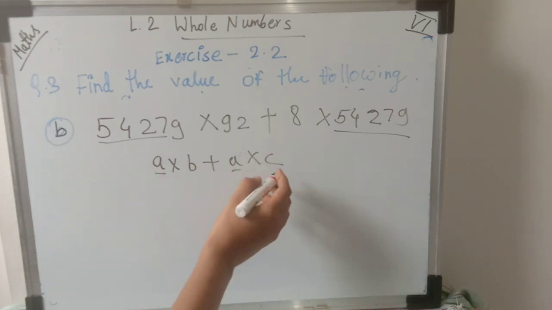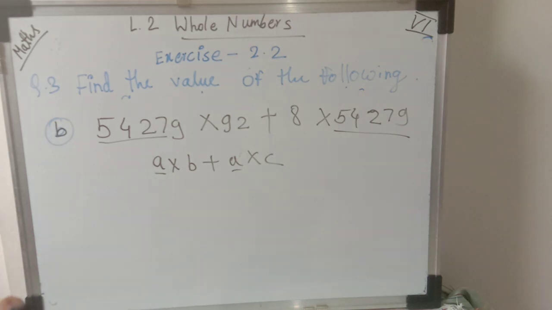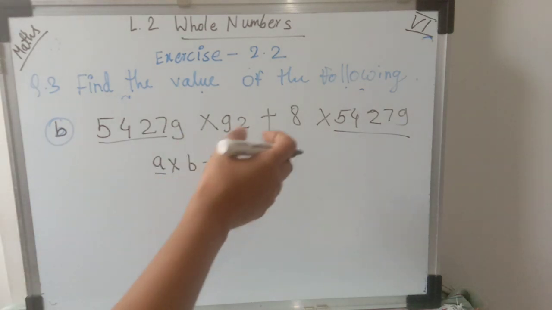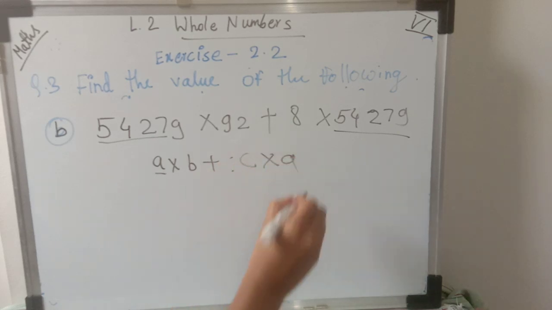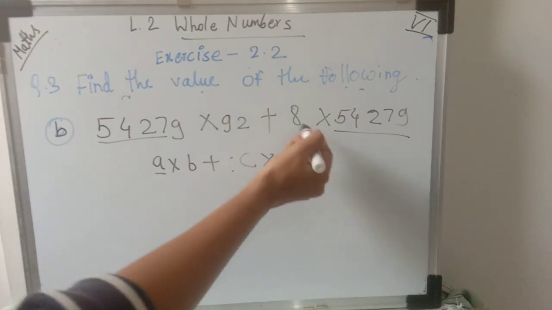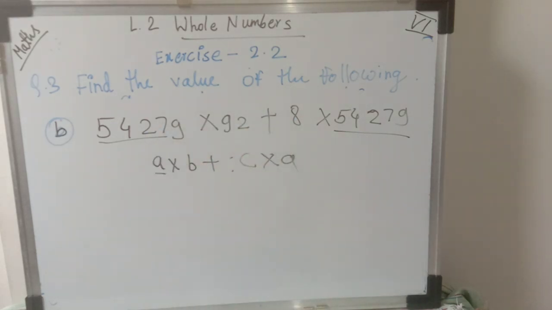Here they have done this to confuse us. It is C multiplied by A, but this order doesn't matter; the answer will not change, it will come the same.